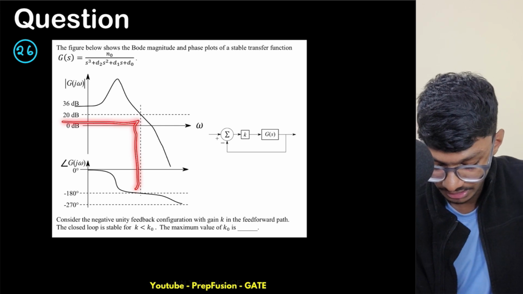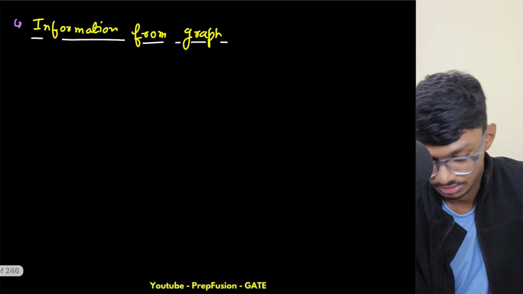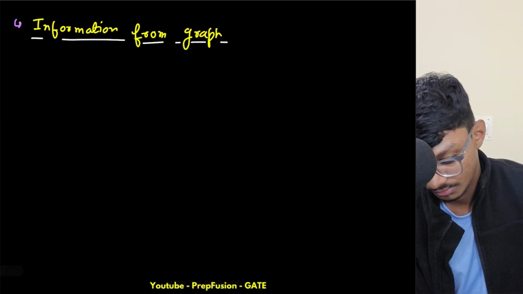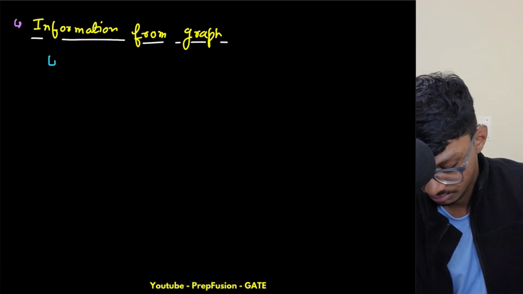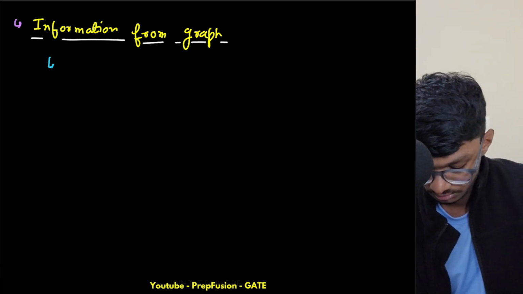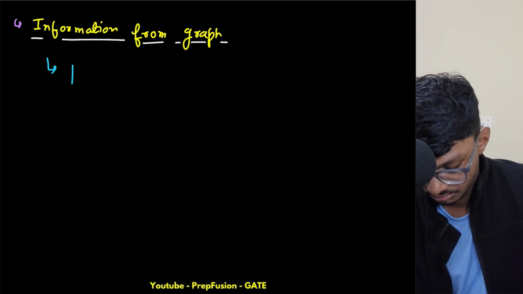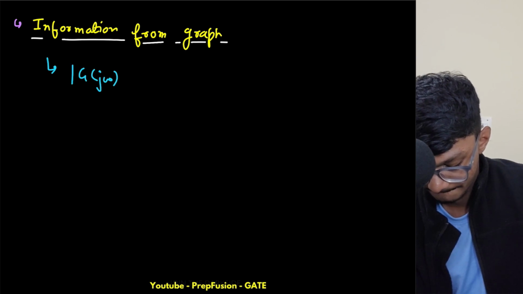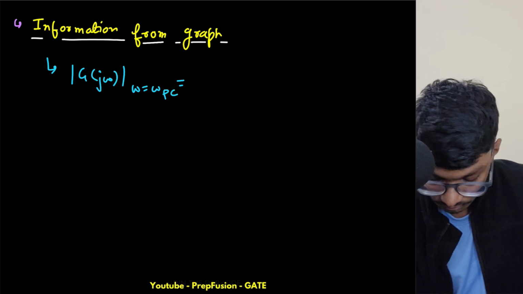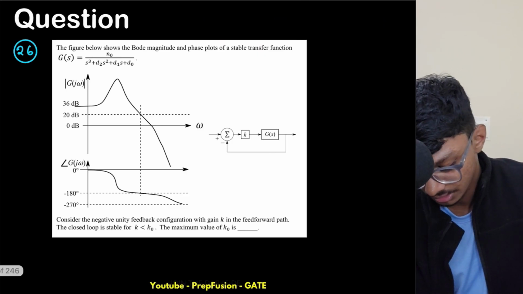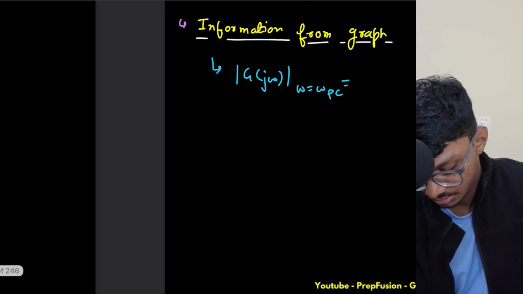They have given me the gain at phase crossover frequency. Okay, what is it? It is equal to 20 dBs.